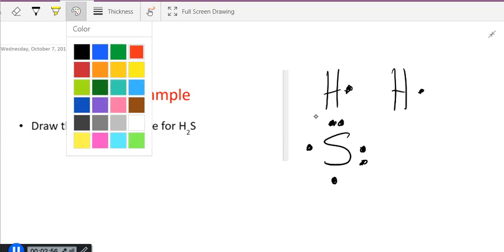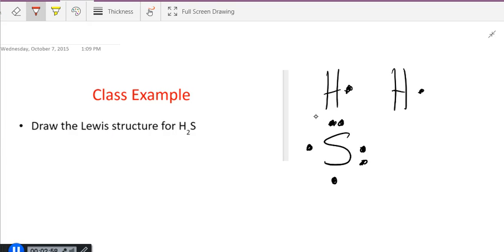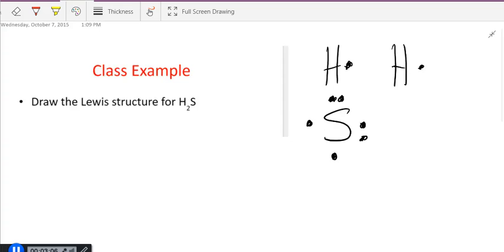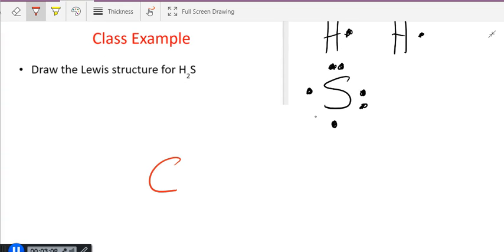So here's how you draw atoms covalently bonding to each other. First, you draw the central atom, which is going to be carbon or sulfur or one of those in the middle. So I'm going to draw carbon right here. Sulfur right here. How many valence electrons does sulfur have? 1, 2, 3, 4, 5, 6.